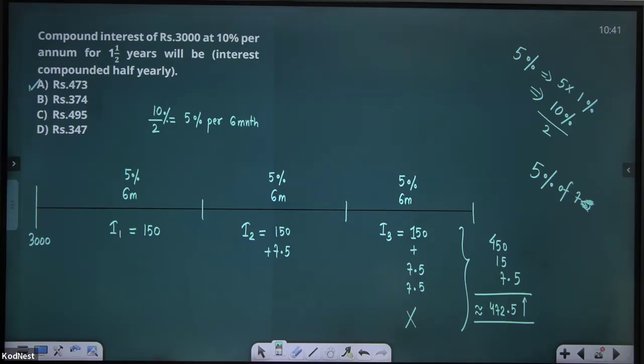Is there any disturbance in the voice? Please confirm this. Any disturbance in the voice? No. Just tell now, is it better than the previous?